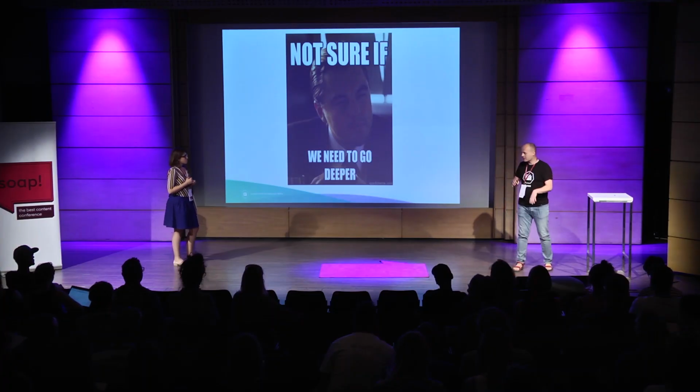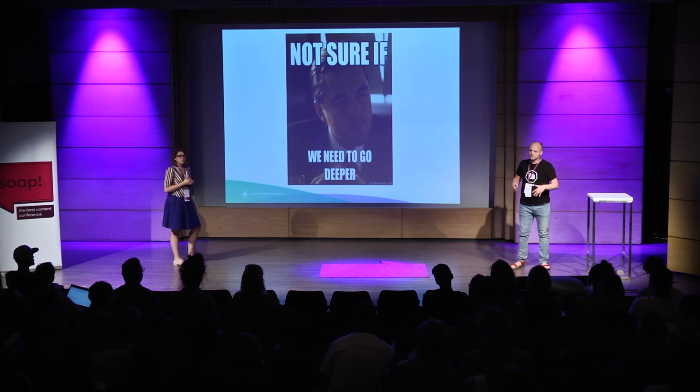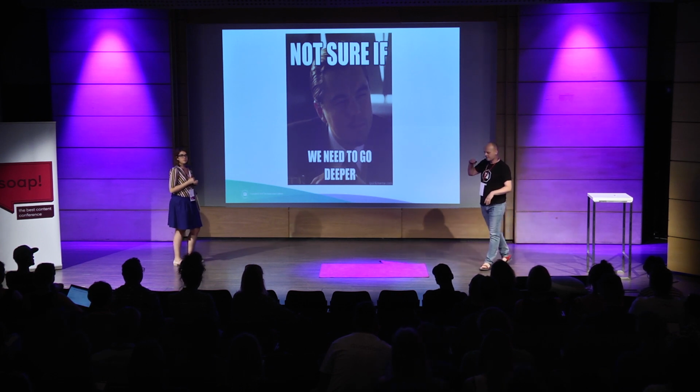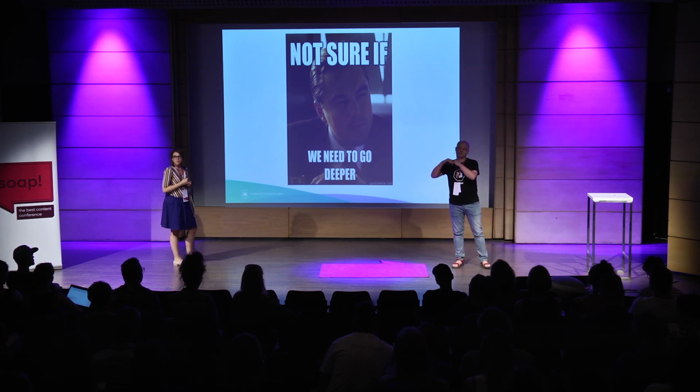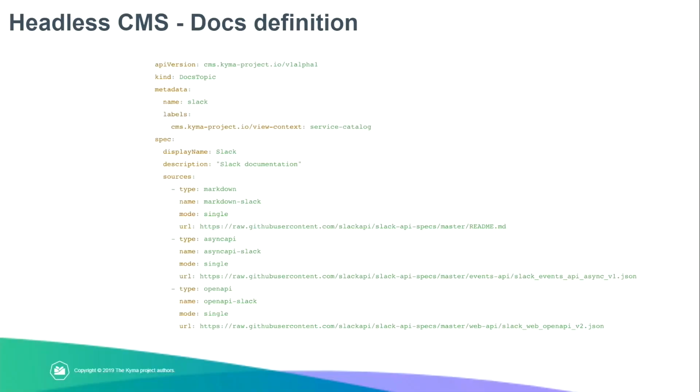At this point, I was not sure if we should go deeper into the topic, because we work on Kyma, which is built on Kubernetes. Kubernetes has its jargon that, if you're not working on this kind of project, is hard to understand. But I think it's important to show you how much further we could go with the solution.